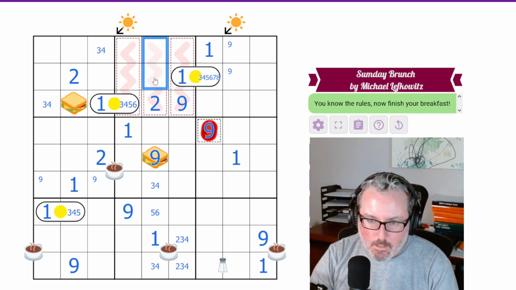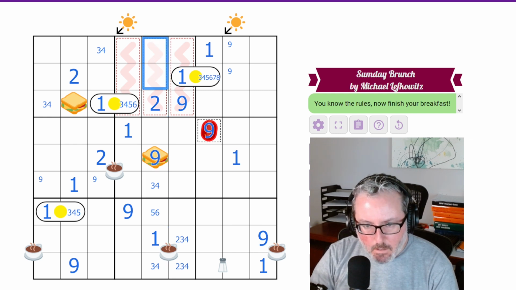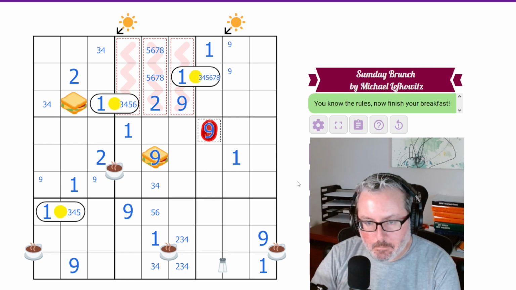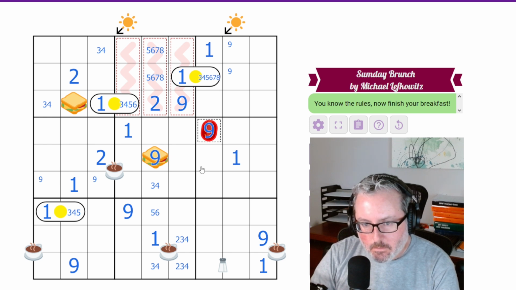Is that going to give us anything for our bacon? Well, what it does is tell us that we have the possibility of 5, 6, 7, and 8 in this bacon. I don't think we can do too much with that until we figure out what some of these actually equal.